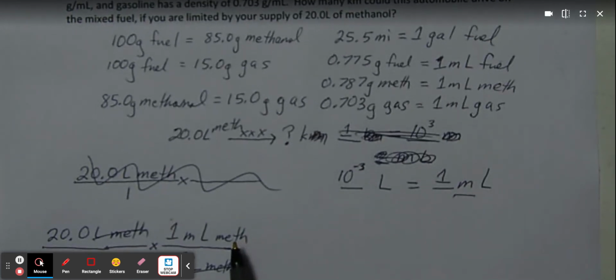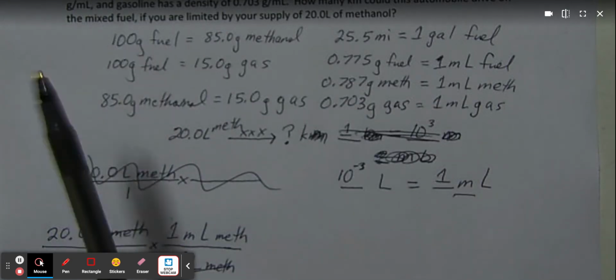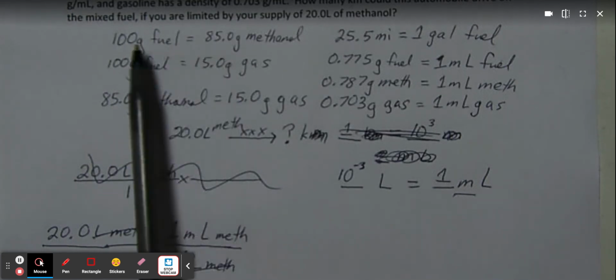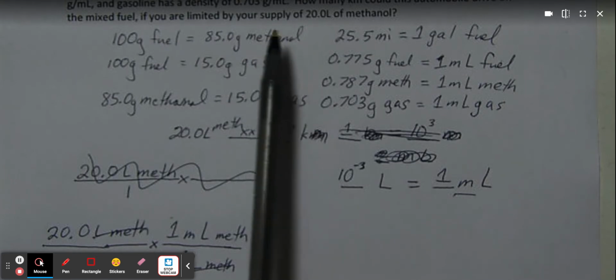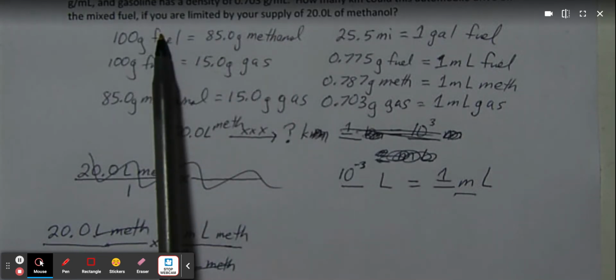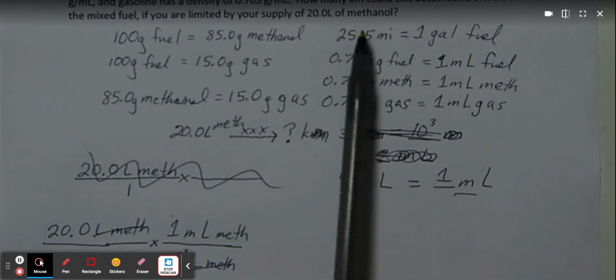So if I could get that to grams, notice that I have a relationship here of grams of fuel to grams of methanol. So I could use that relationship to go from methanol to fuel, and then I could get from fuel to miles.